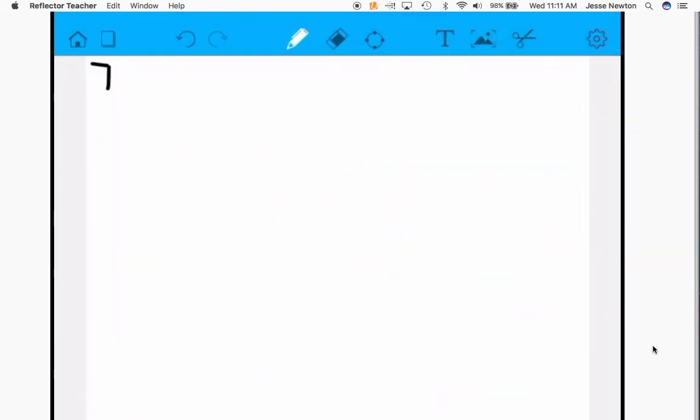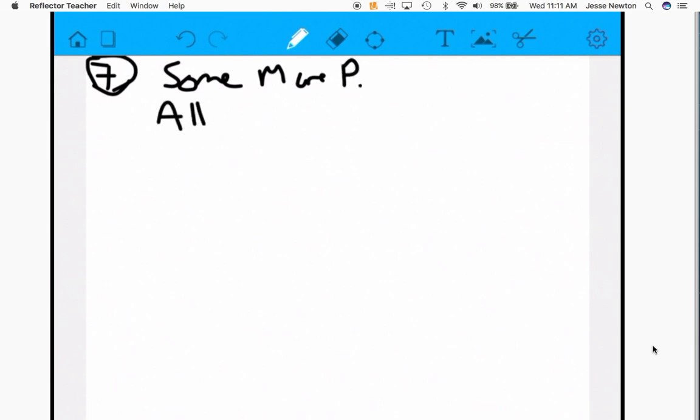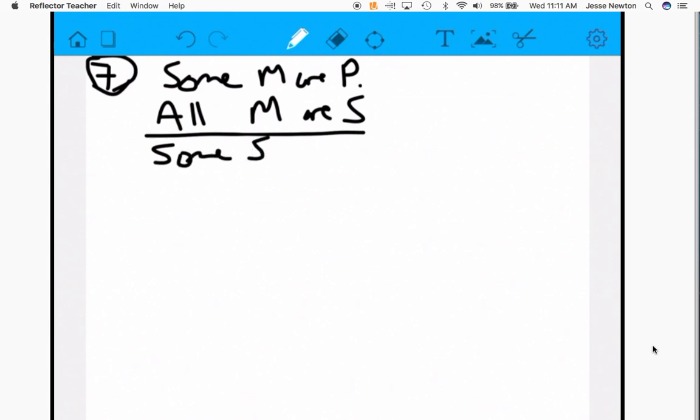Number 7. So here's the argument we're given for number 7. It says some MRP, all MRS, therefore some SRP.